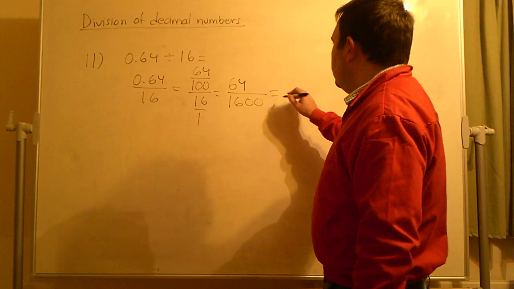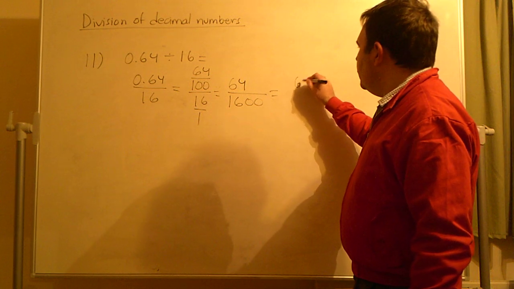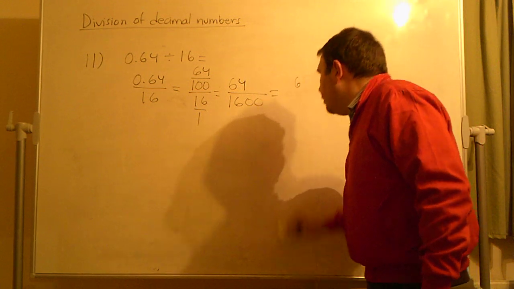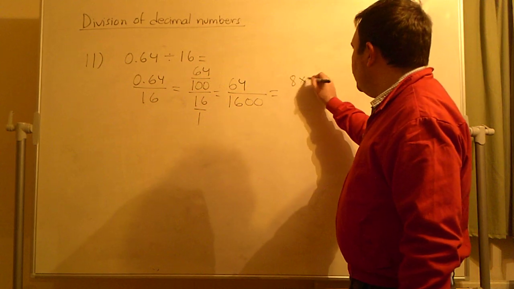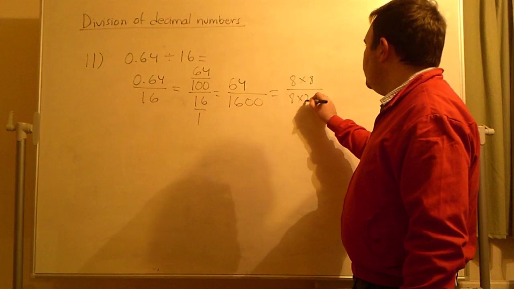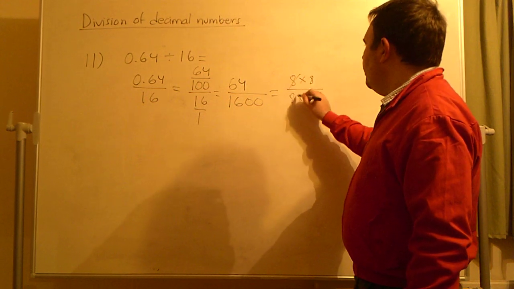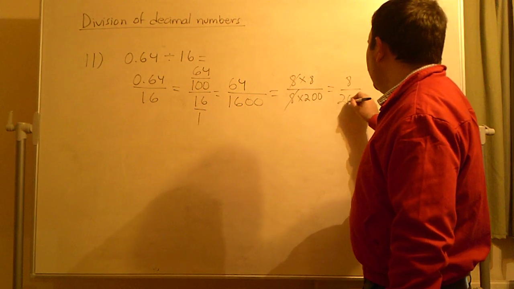So now this would be equal to 8 times 8 divided by 8 times 200. So this will be 8 divided by 8 is 1, and then we've got 8 divided by 200.